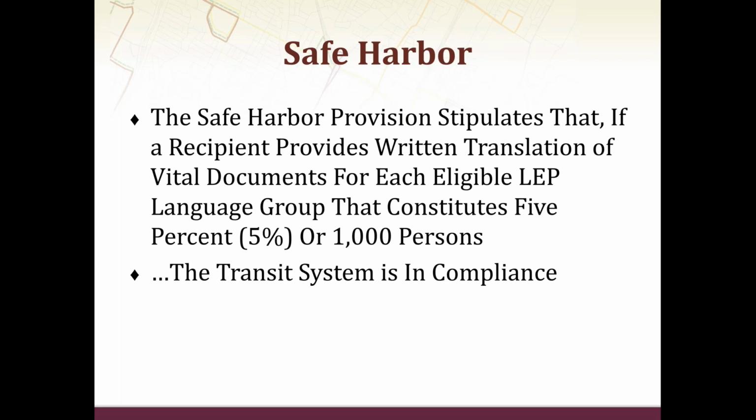So maybe you translate vital documents for your top 5 languages, and then because languages 6 through 10 are fairly low in number, you decide that you're not going to translate all of those. However, if someone from one of those language groups ever needs translation, then you'll translate whatever's needed on a one-off basis, something along those lines.